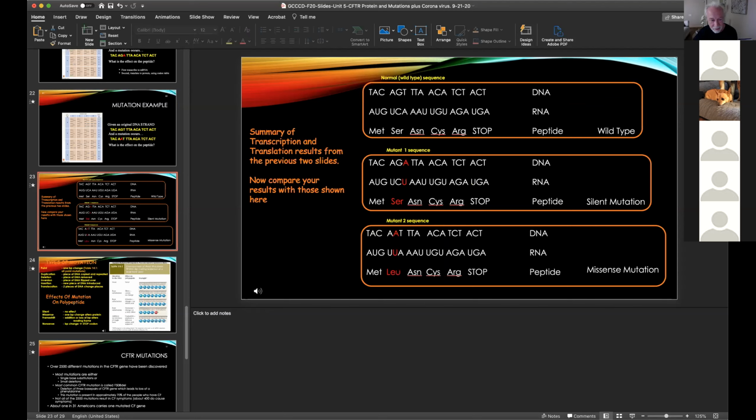So now, if you look at the peptide sequence, instead of being methionine, serine, asparagine, it's methionine, leucine, asparagine, cysteine, arginine, and stop. So that is called a missense mutation, where you actually have not only a change in the DNA sequence and the RNA sequence, but it results in a change in the amino acid sequence as well. So the point here is these two problems illustrate, first of all, a silent mutation and then a missense mutation.